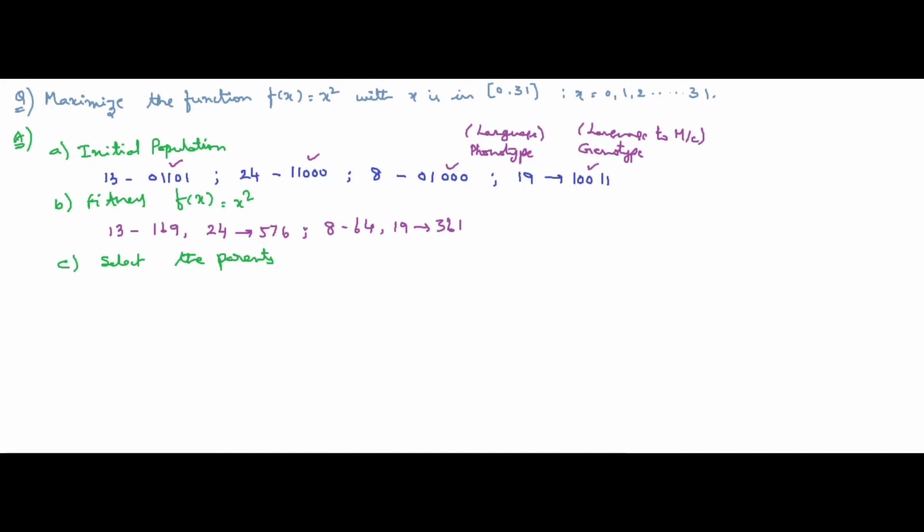The probability formula is like this: probability Pi is equal to Fi divided by sigma j equals 1 to n of Fj, which is the fitness of the string divided by the sum of fitness of all the strings.